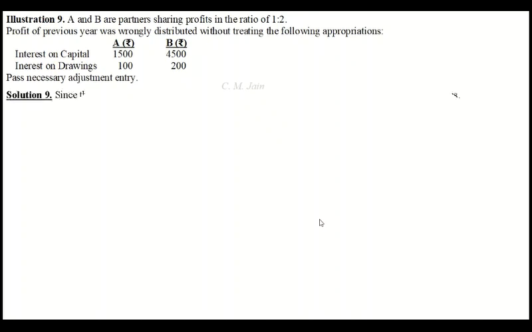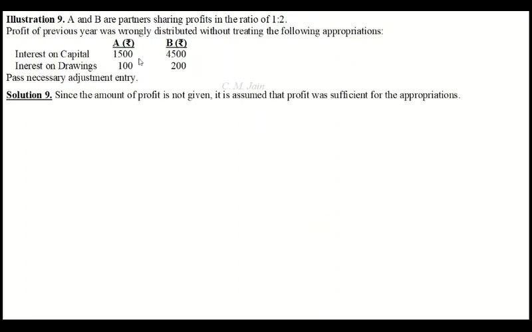Written. Now, you'll notice one thing, the amount of profit is not given in the question. And since the amount of profit is not given, we assume that profit was sufficient for these appropriations. Write down this statement.